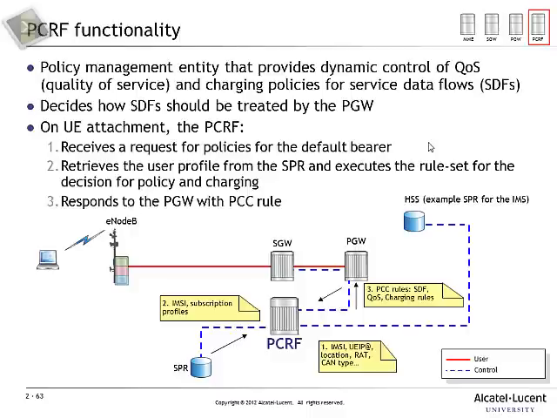So when the PGW goes to the PCRF and says, look, can you give me information about this subscriber, associated with the PCRF is a repository. It's called the SPR, again another nice acronym, subscriber profile repository, and from this repository we are able to extract information about a user and the rules that are associated with providing service and charging for this user.